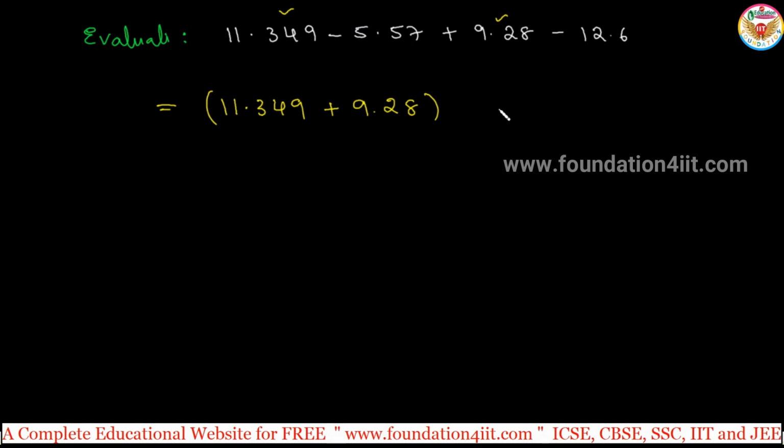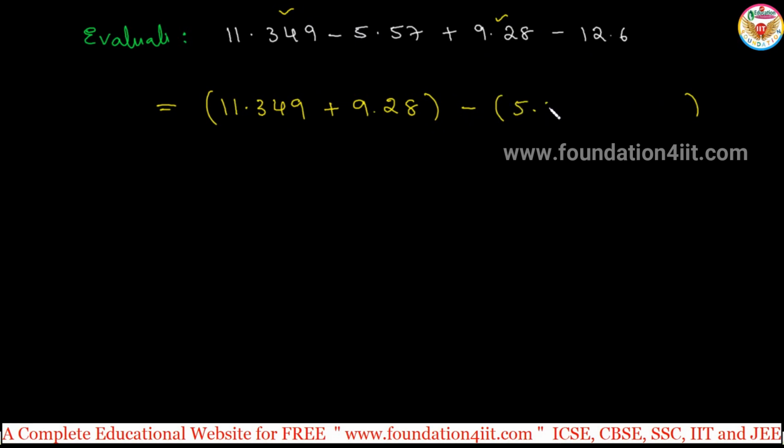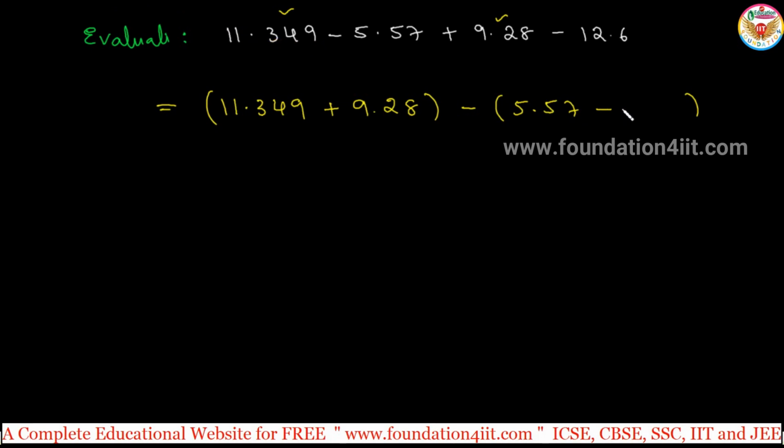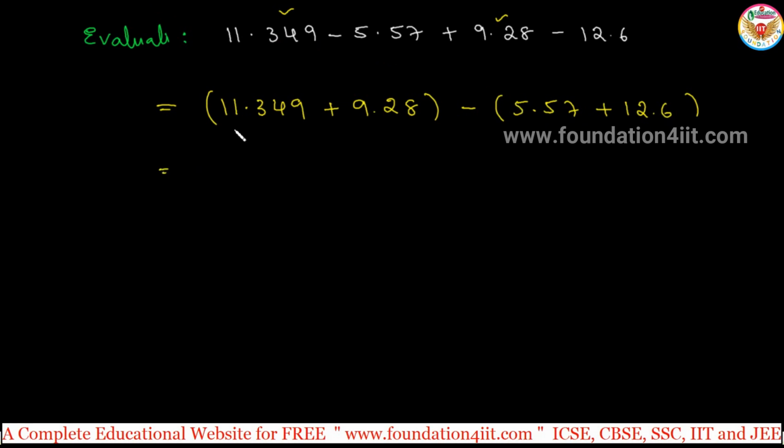So from these both, you can take minus common. Since both are negative numbers, you should keep the negative sign and we need to add again, right? So 5.57 plus 12.6. Now 11.349 we can convert into like decimals.